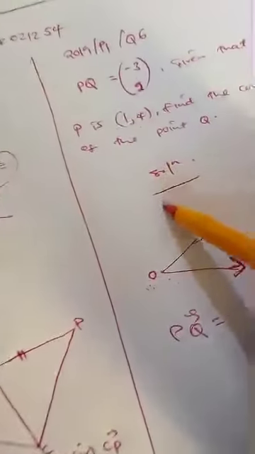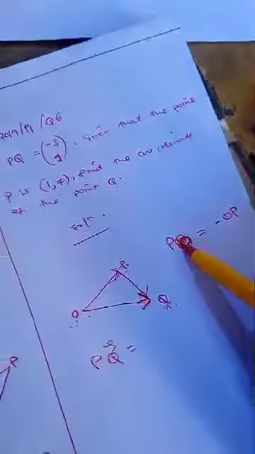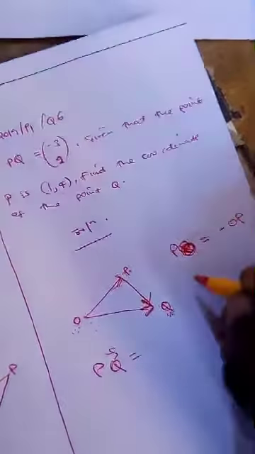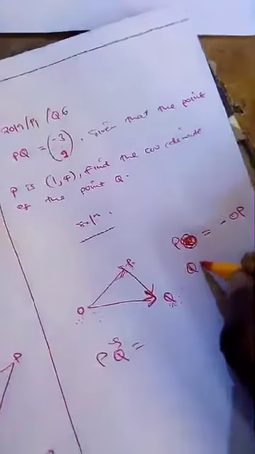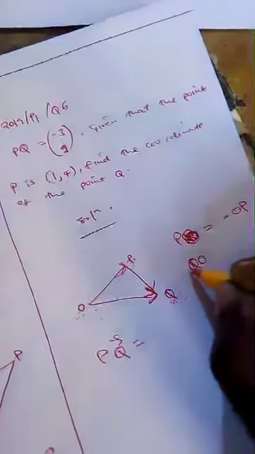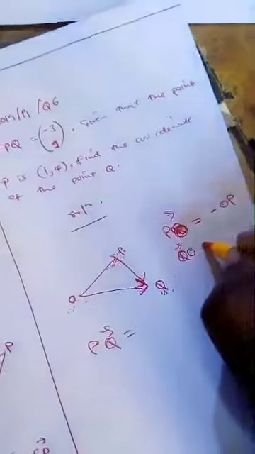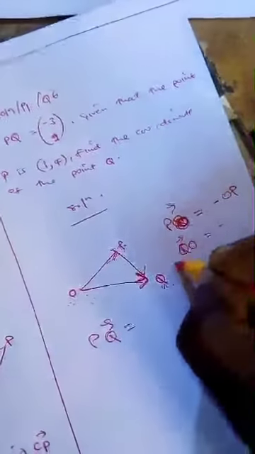Moving to OP in the negative. So when you see PO or whatever letter it is, just the same with QO. So long as you're not starting with O, it's just the negative of the opposite, which is OQ, not so.